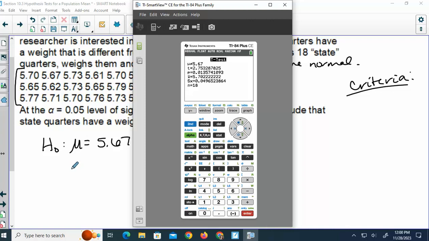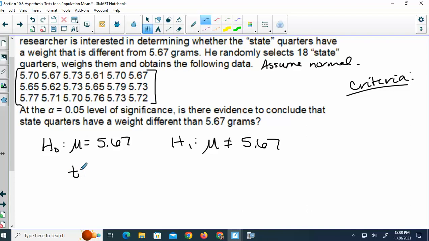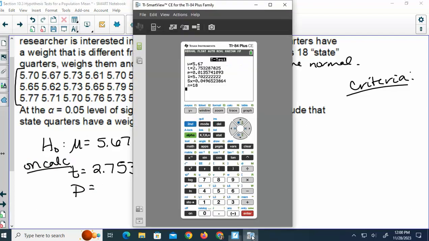So then we have the T is 2.753. And the probability is 0.136.